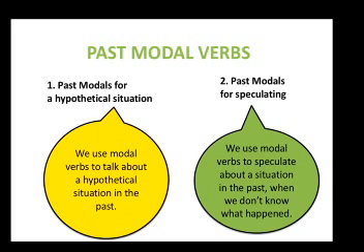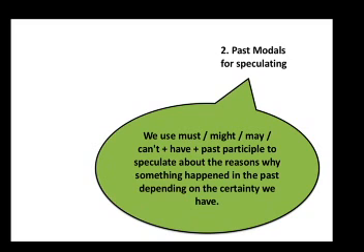So what we do is guessing, what we do is speculating. We use must, might not, may or may not, can't, plus have plus the past participle to speculate about the reason why something happened in the past, depending on the certainty we have. That is what we're going to do, and this is what you're going to learn.